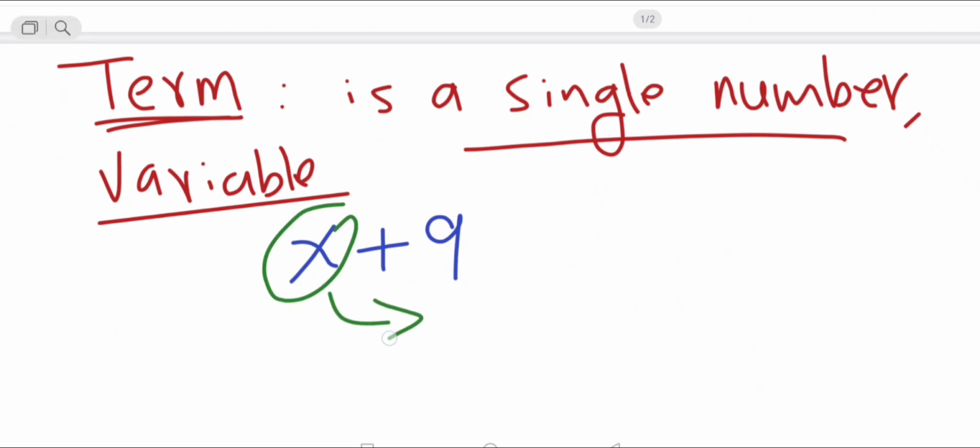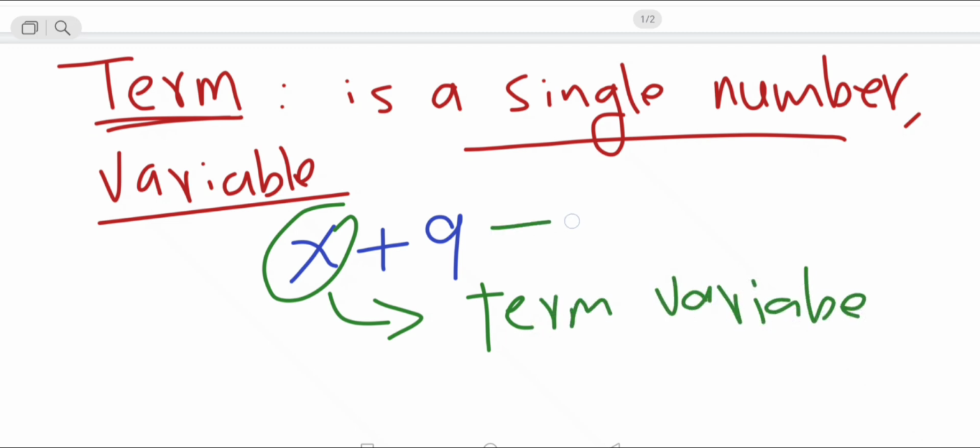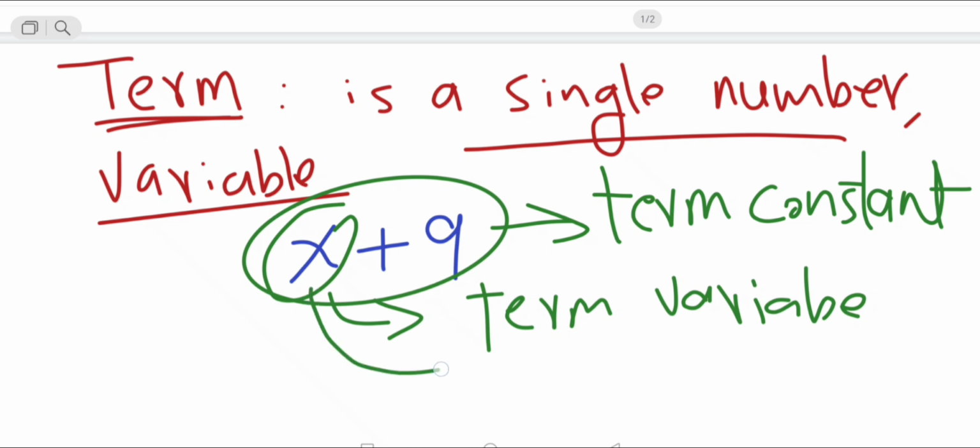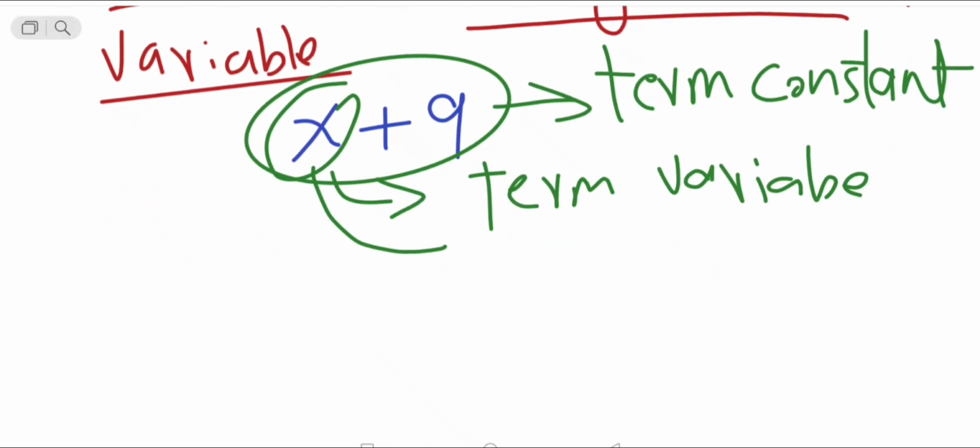X is a term. Which term? Variable. 9 is also a term. Which term is 9? 9 is a constant. So something able to change is a variable. Something fixed is a constant. So two terms are being added. So x is a variable term and 9 is a constant.